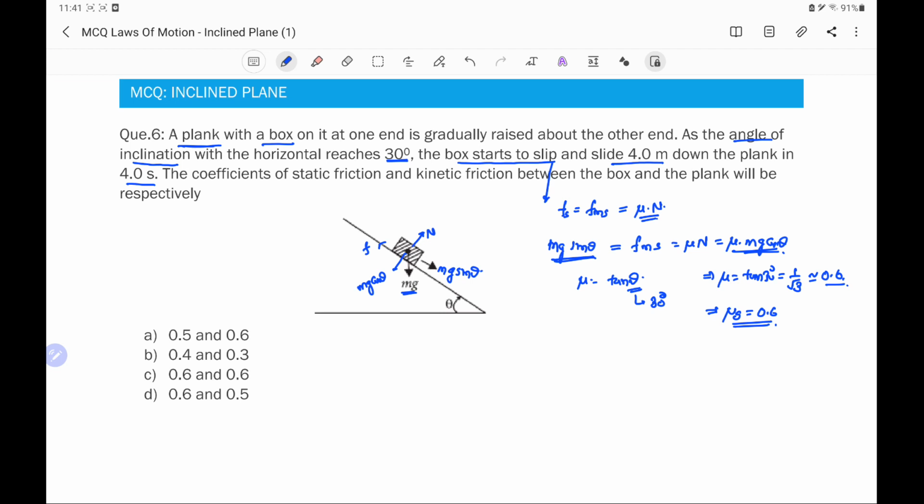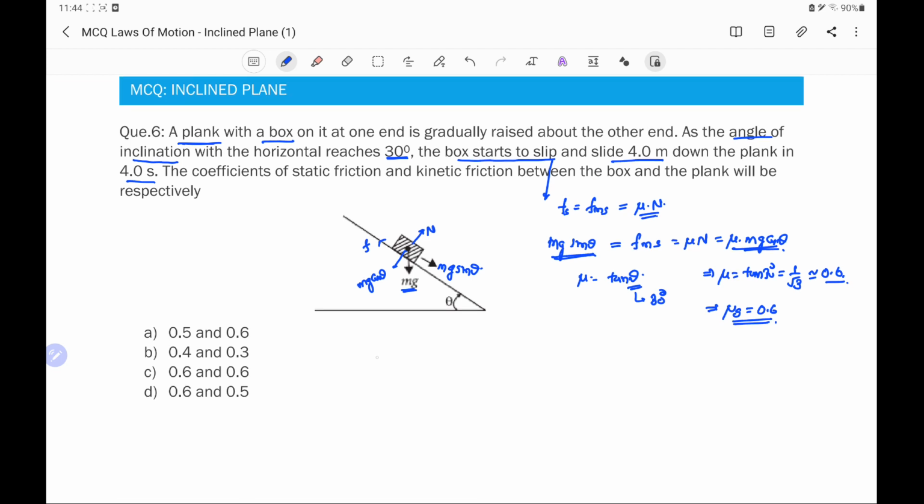To calculate the coefficient of kinetic friction, the downward force is mg sin theta minus the upward force on the plane, which is mu k, the kinetic friction when the body slides, into mg cos theta, and that is equal to m into a, mass and acceleration of the block.